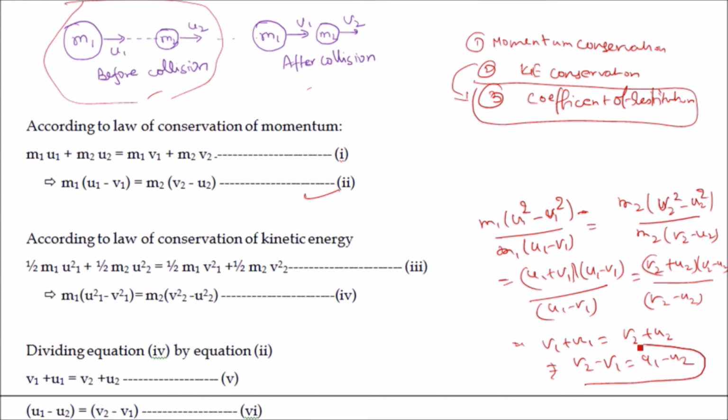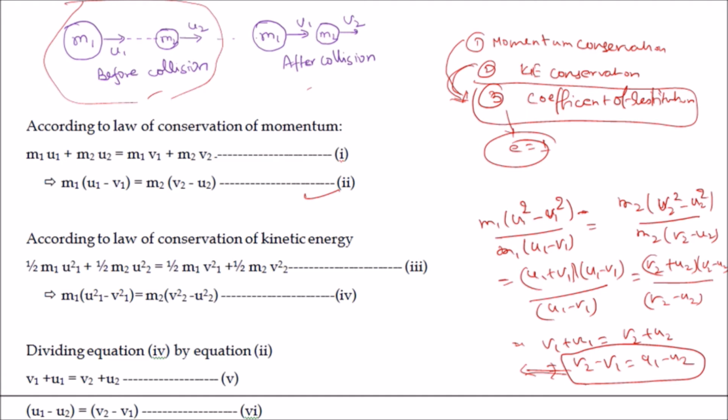Basically this formula we can get directly from the coefficient of restitution, that is, the velocity of separation is equal to the velocity of approach in case of a perfectly elastic collision. So clearly if we apply momentum conservation and kinetic energy conservation, we get the coefficient of restitution formula, and we get that the coefficient of restitution comes equal to 1.